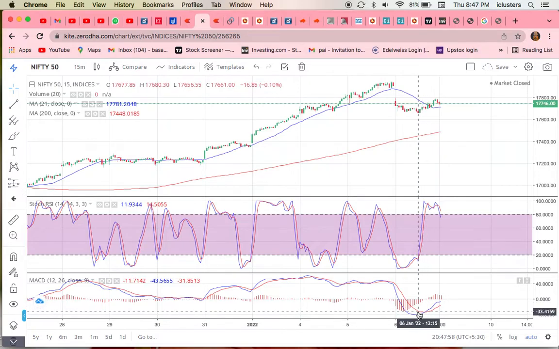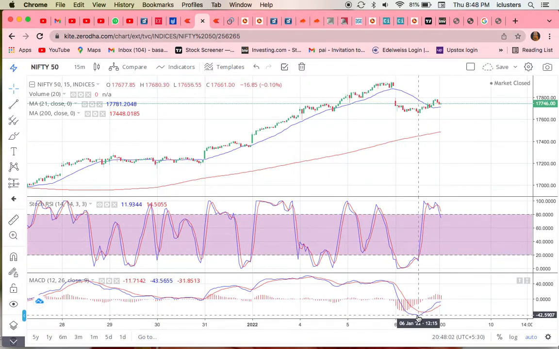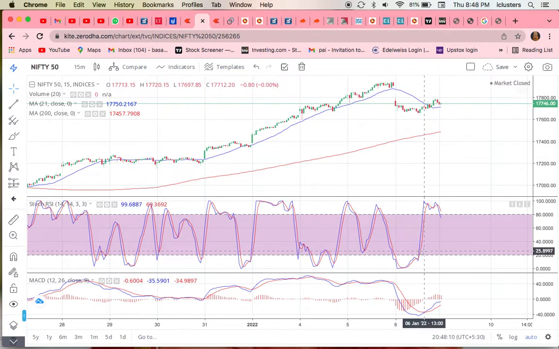Okay, this is the green line, the price line. Okay, the red line is the MACD line. When the blue line is crossing over this MACD line, that means the price had already started falling, and the blue line showing that it was crossing the MACD line from below to the upper side, then the price started again moving upwards.